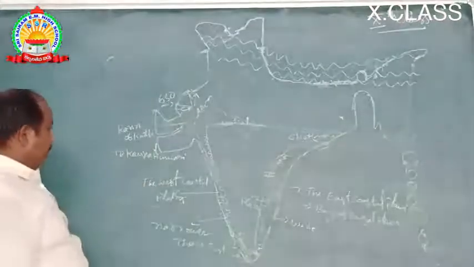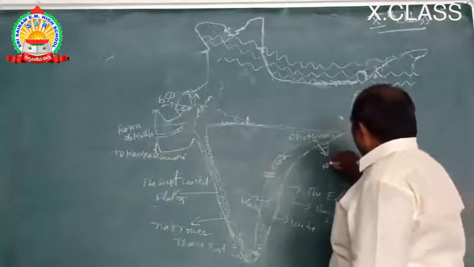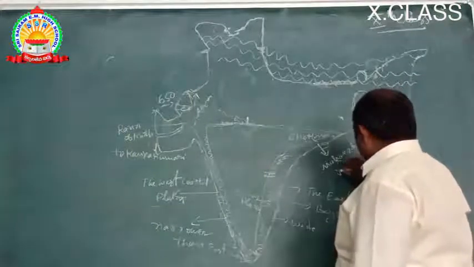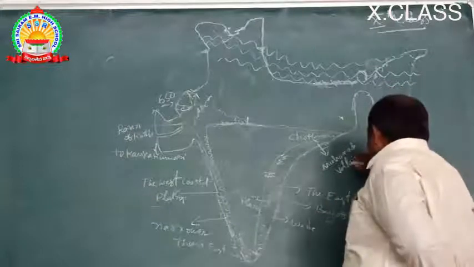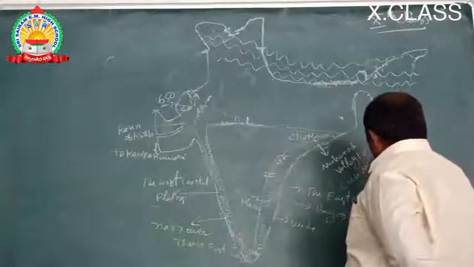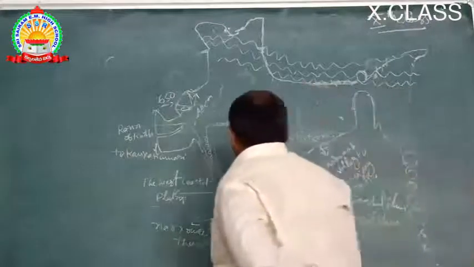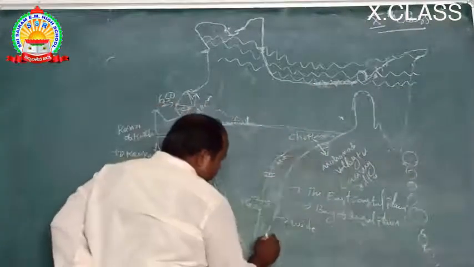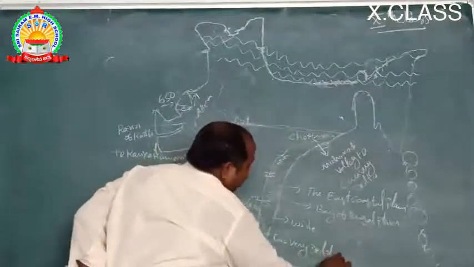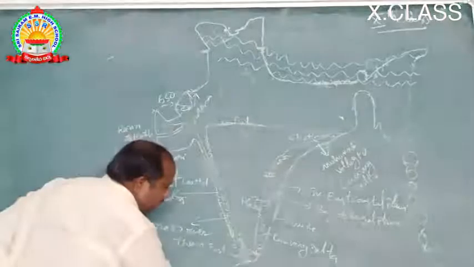The east coastal plain starts from the Mahanadi Valley to the Kaveri Delta.